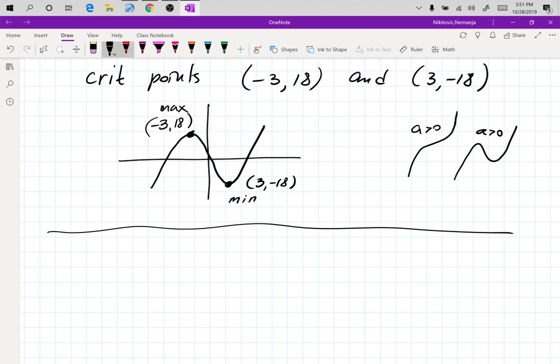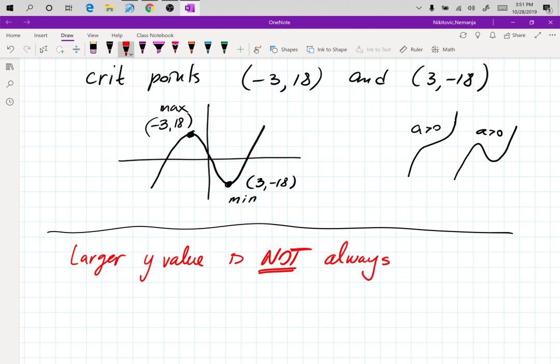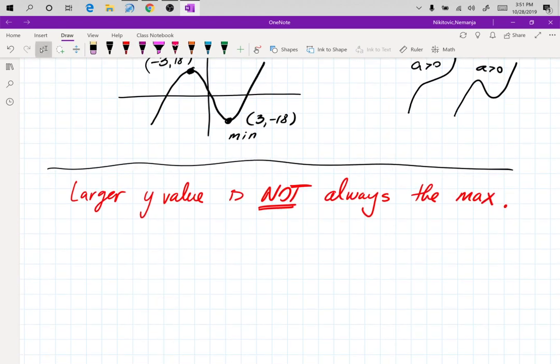So let me write this in blood over here. Larger y value is not always the max. Okay, that's very important, and here is why.